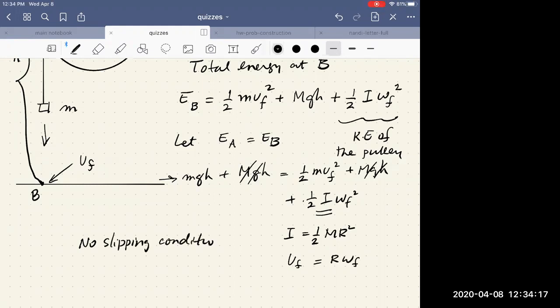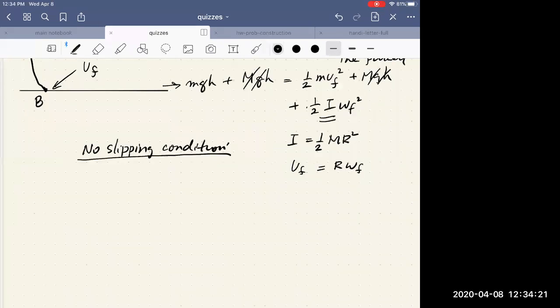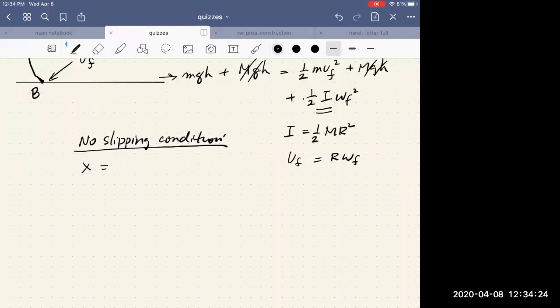So a no slipping condition, just to go over it very quickly, incorporates three statements. First is that displacement x is R times turn of the angle theta. V is R omega, and A is R alpha. So we are just using this one here, okay?